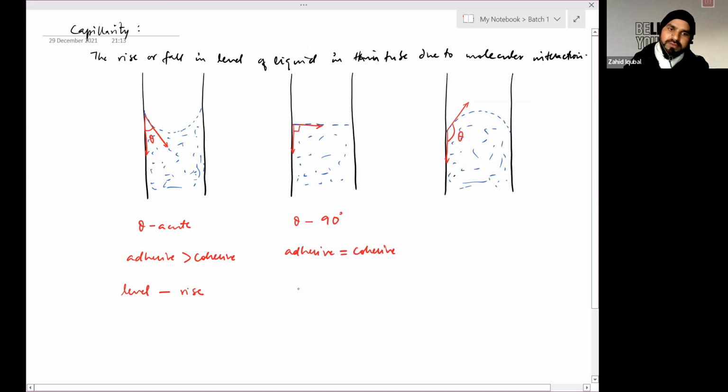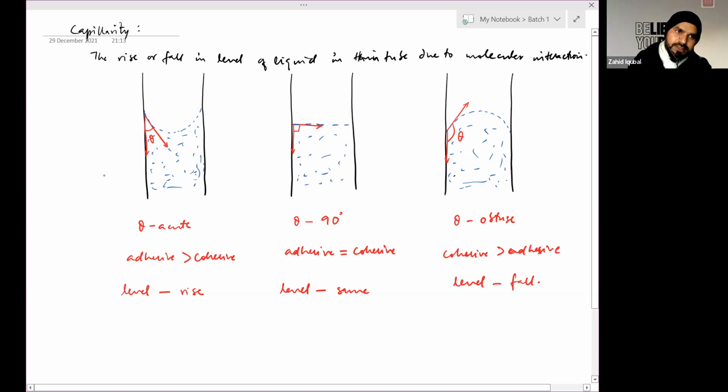So the level will remain the same. In the third part, if theta is obtuse, it will have stronger cohesive force as compared to adhesive force. So it will tend to decrease the level of liquid. This first is the case of water in a glass tube. The second one is the case of rose water in a glass tube. And the third one is the case of mercury in a glass tube.